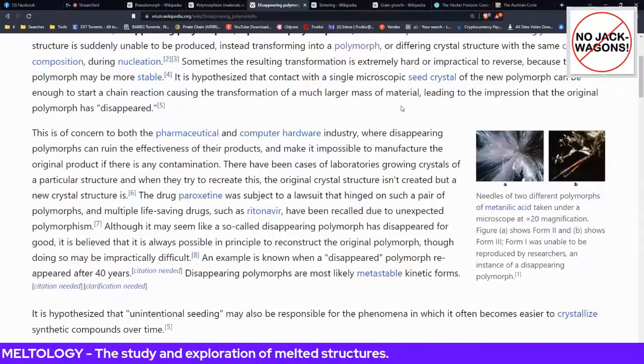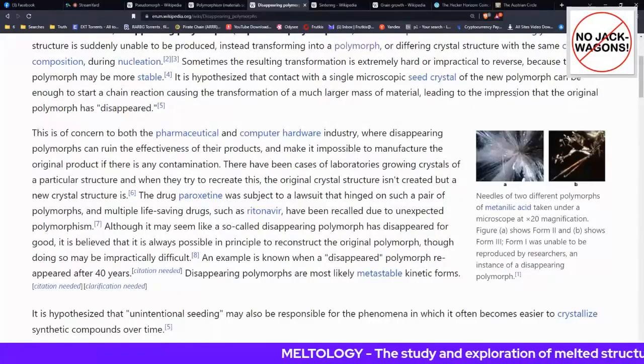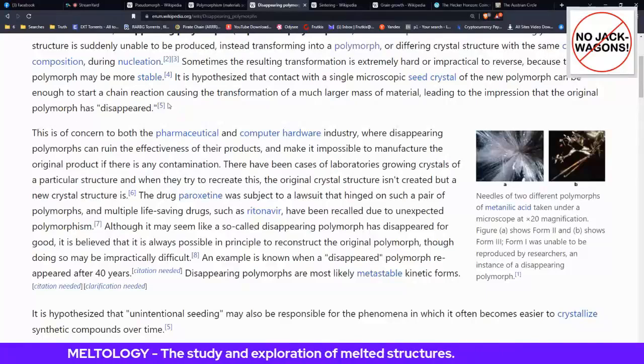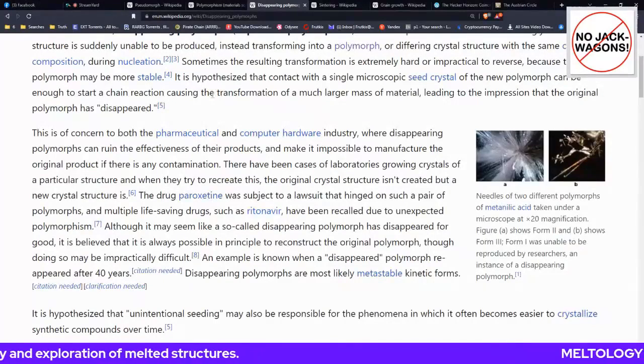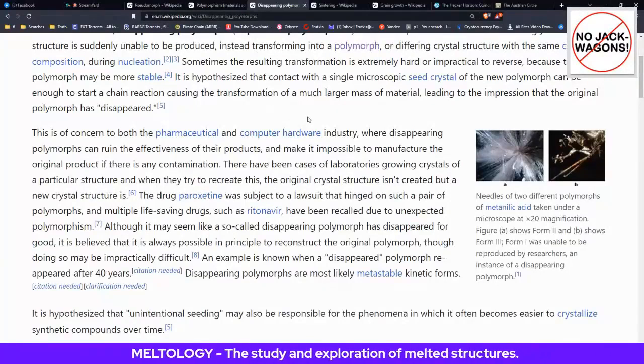Only a microscopic seed in one brick can change the brick totally, leading to the impression that the original polymorph has disappeared. It's not disappeared, it changed to another. And this is how you could go in your backyard, and people say, how can this rock in my backyard have been a brick? Well, we're explaining it to you right now.